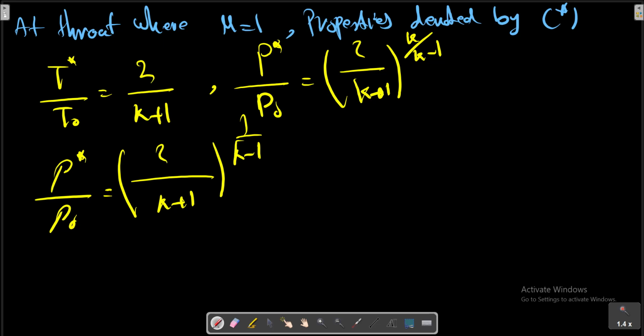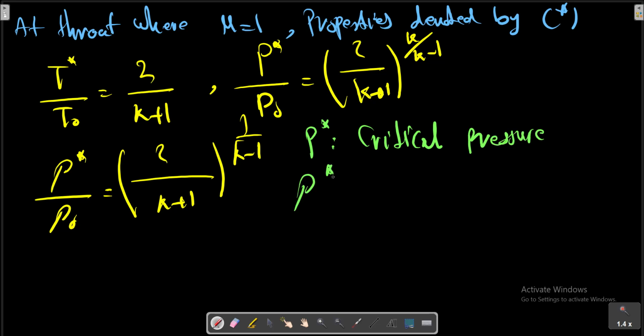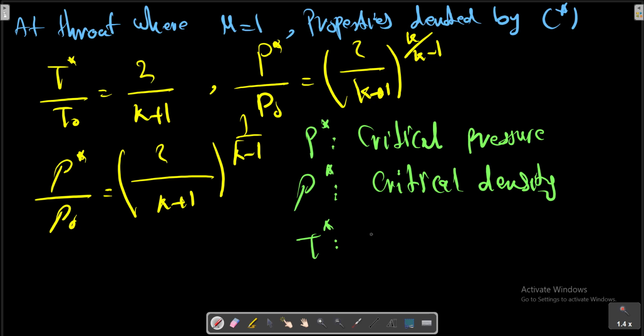These properties at the throat of the nozzle, when M equals 1, are referred to as critical pressure, critical temperature, and critical density. P star is critical pressure, rho star critical density, and T star critical temperature.